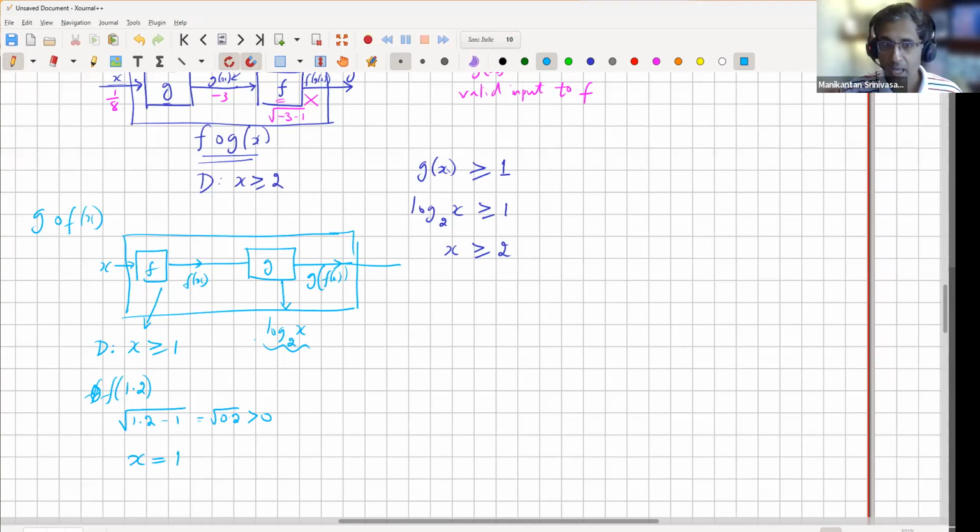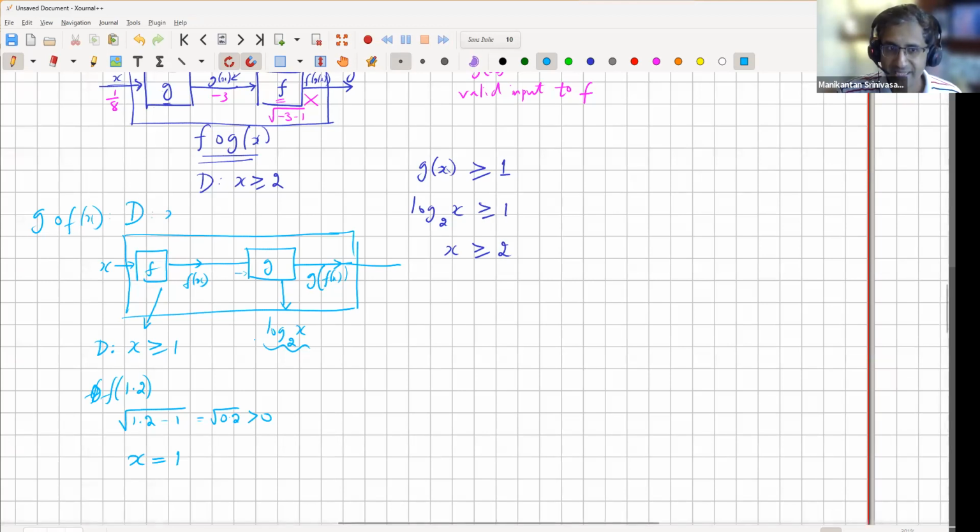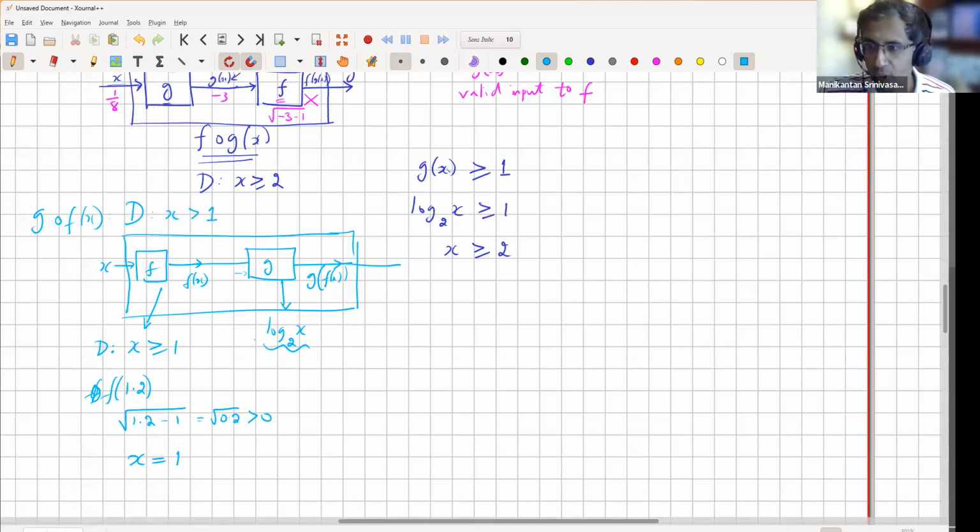But 0 cannot be fed in as an input to G, because log of 0 is not allowed. Therefore, the final domain for G of F of X is X strictly greater than 1. It's not enough for X to be greater than or equal to 1.